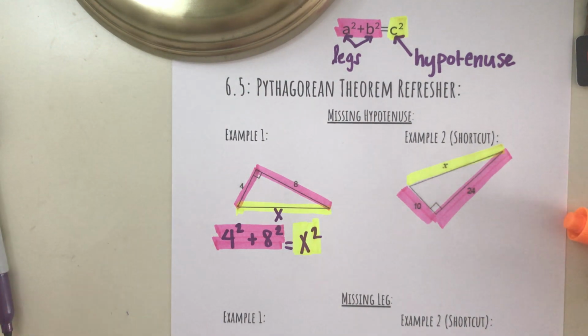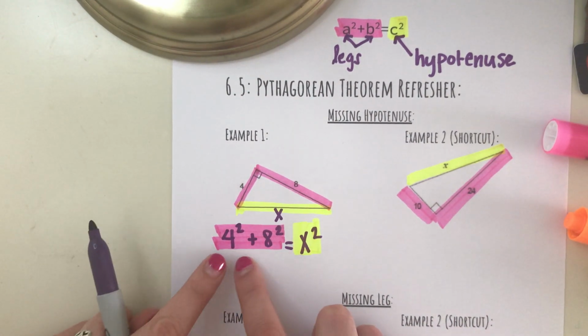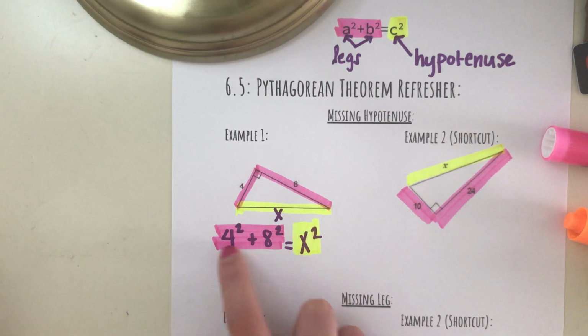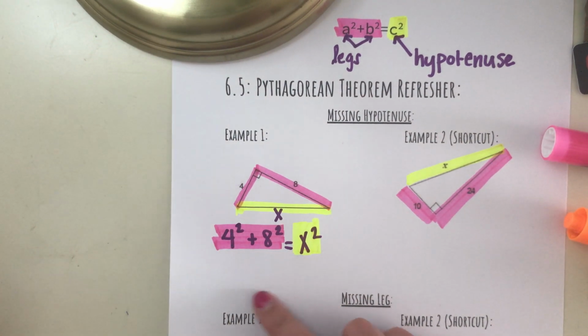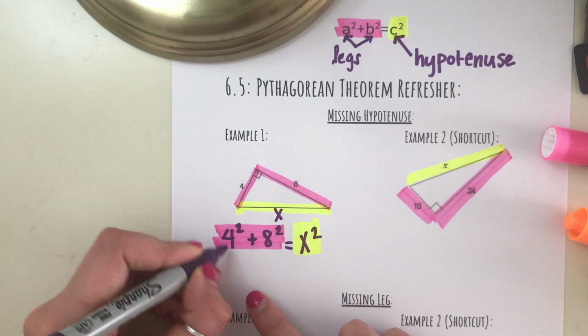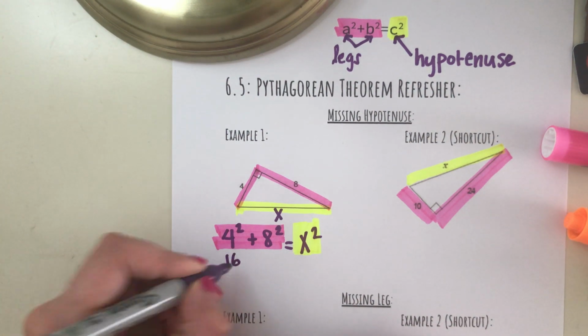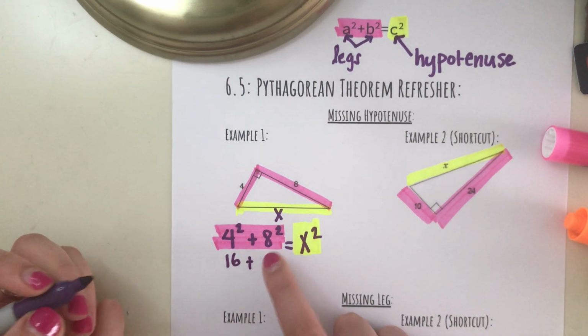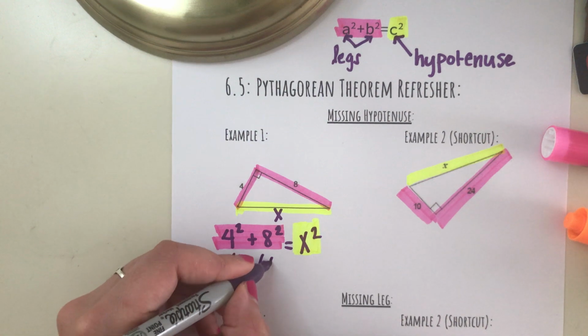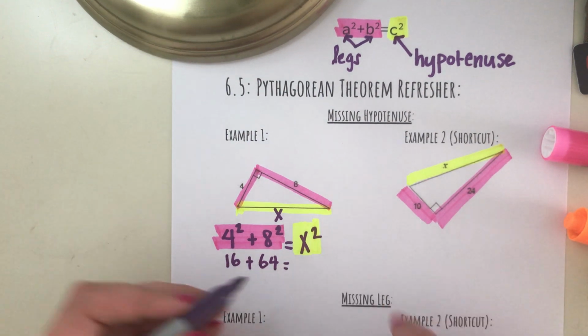Now what you can do is either type 4 squared plus 8 squared into a calculator, or you can do it step by step. For this video, I'm just going to do it step by step. 4 squared is 16 plus 8 squared is 64. And that equals x squared.